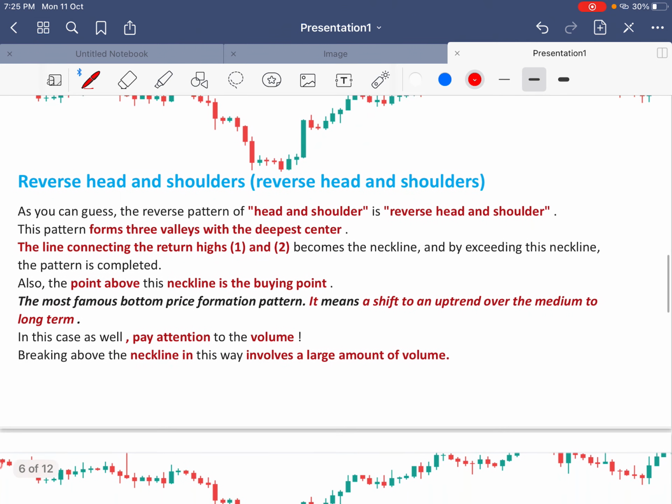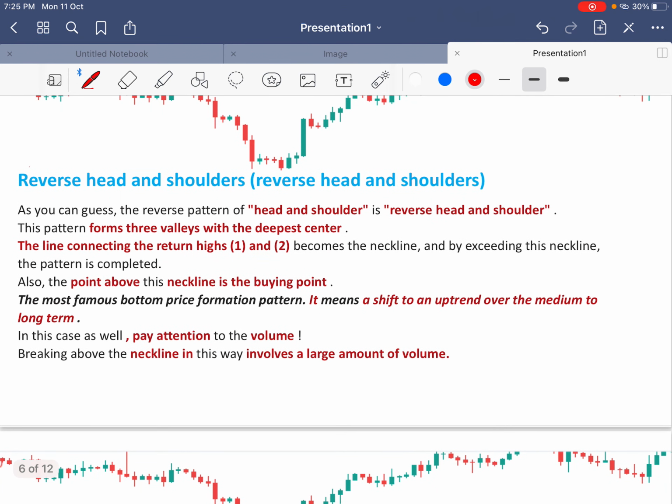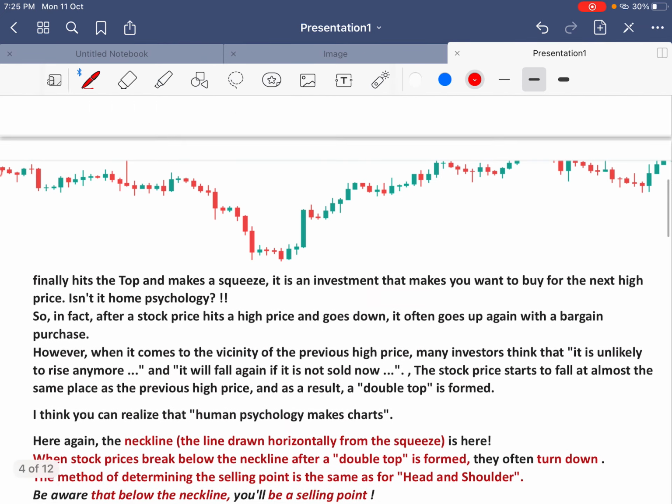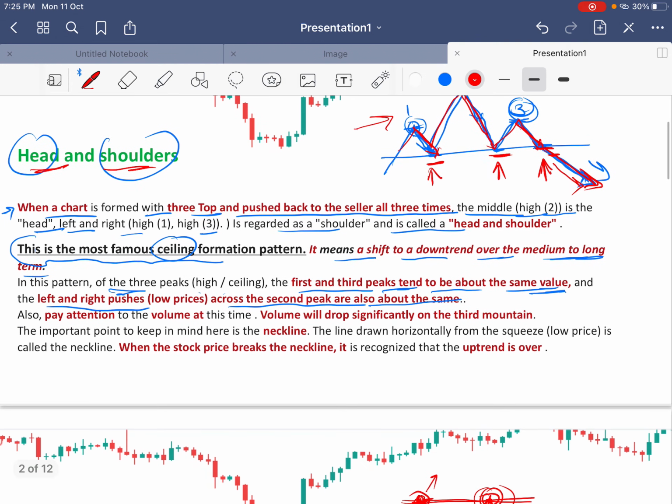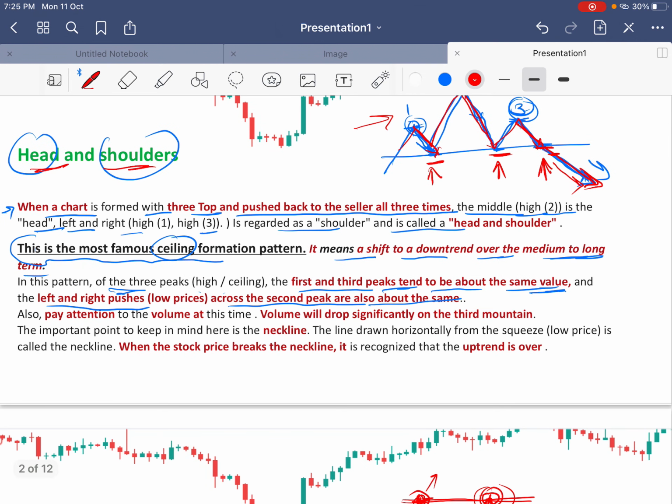view of these patterns. The next one is reverse head and shoulder. In the case of reverse head and shoulder, as we discussed earlier, this is our state, or you can say it is in a bullish trend, and after breakout of this pattern, the trend reverses to a bearish trend.